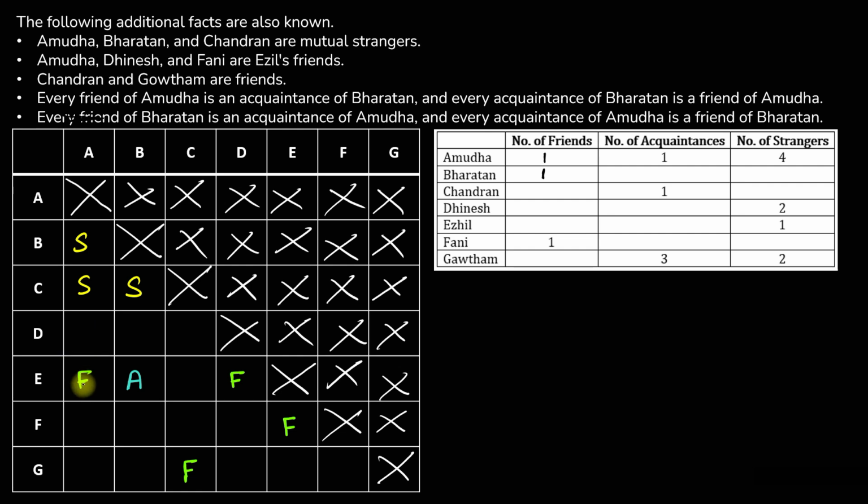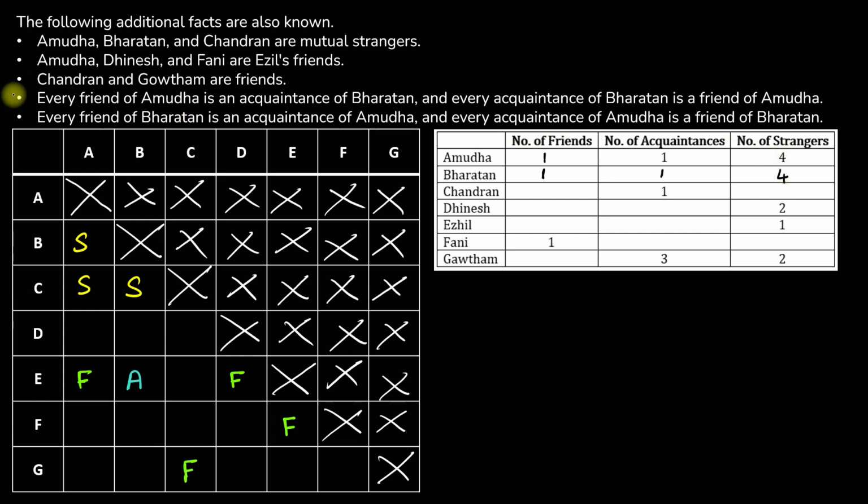That friend is obviously E. And now based on this point here, every friend of A is an acquaintance of B and every acquaintance of B is a friend of A. So if this is 1, this must also be 1, right? And for B, if these 2 are 1 and 1, so out of 6 relationships we have 2, so this definitely must be 4, right?